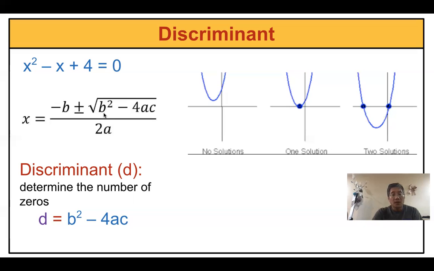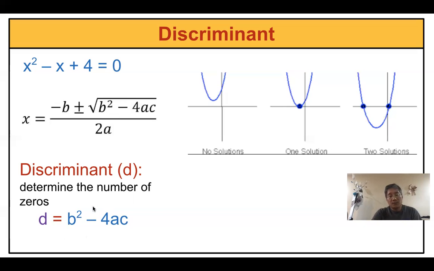We call b squared minus 4ac the discriminant, in short, D. This D helps you determine how many zeros there are. If you solve this, you can figure out how many solutions.